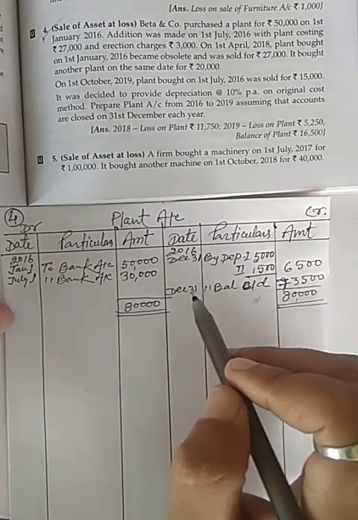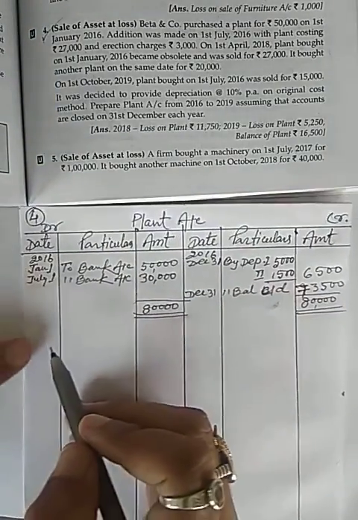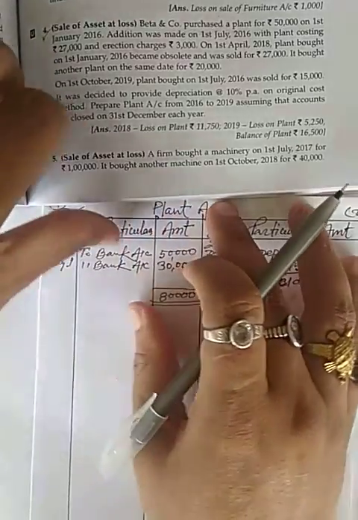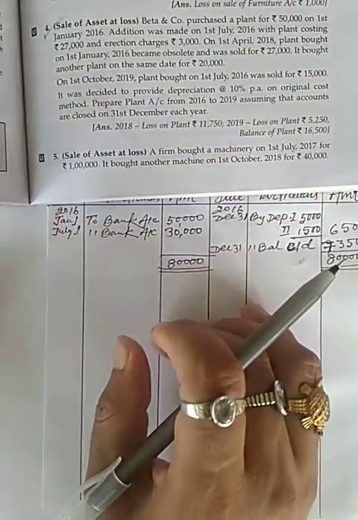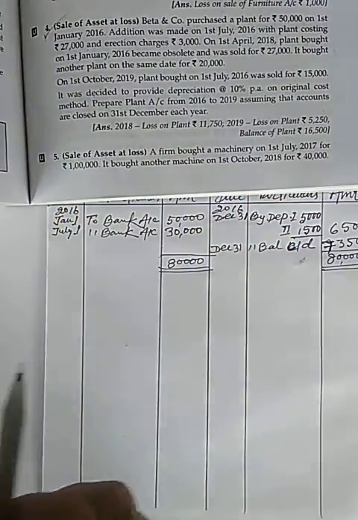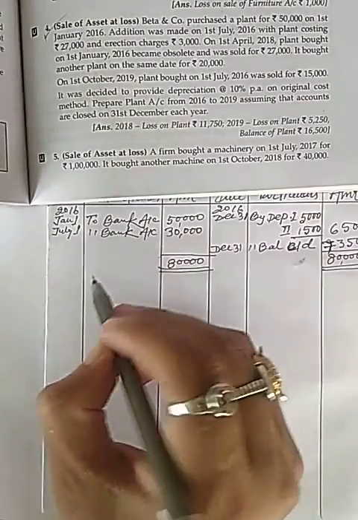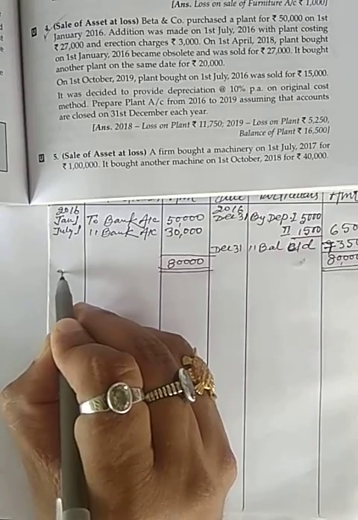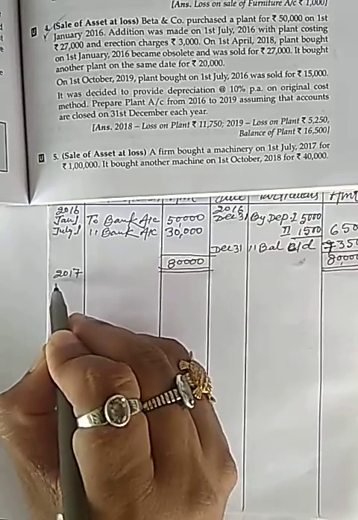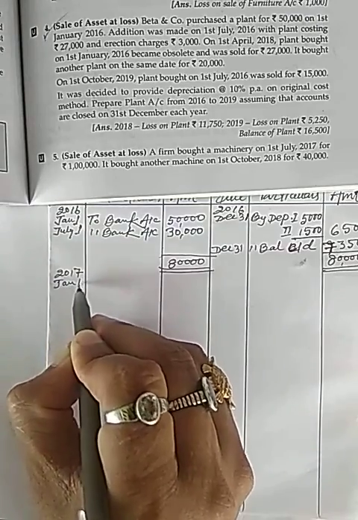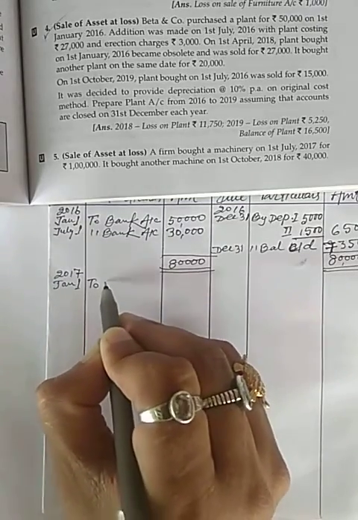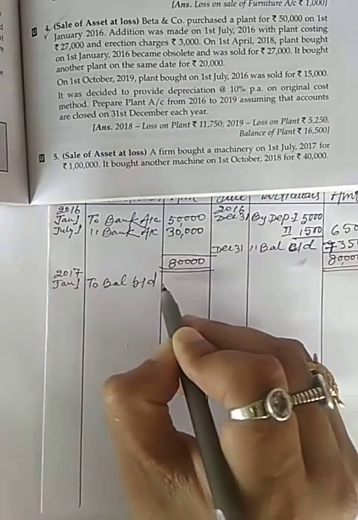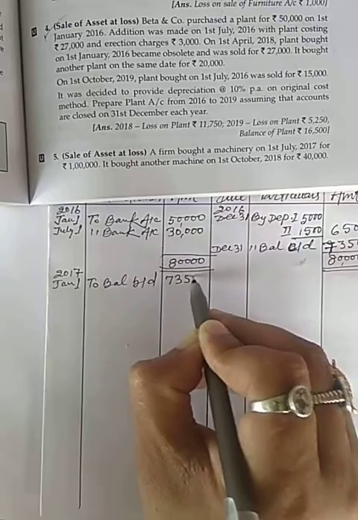So let us see next year, on 2017 Jan 1st to balance BD, and it will be 73,500.